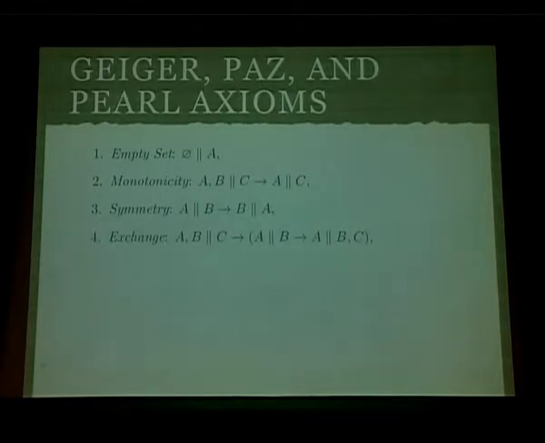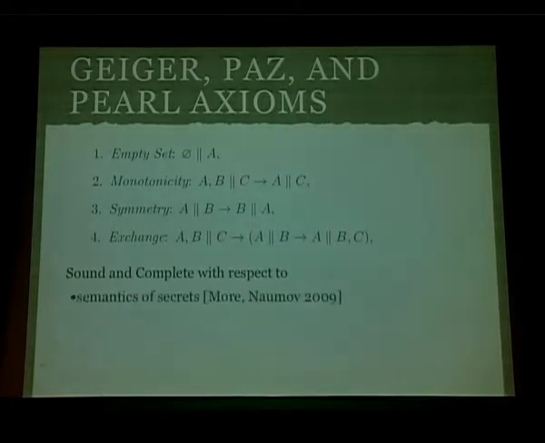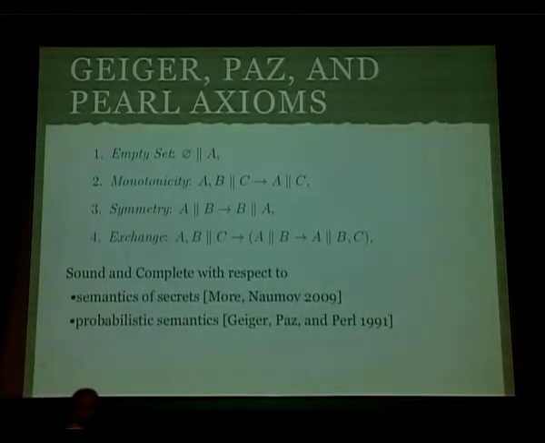It turns out that this system of axioms is sound and complete with respect to the semantics I just described. But what is maybe even more interesting is that the same axioms actually describe other relations. Originally, those axioms appeared in the work by Geiger, Paz, and Pearl in 1991, when they looked for axioms for independence in probability theory, the statistical, stochastic independence.